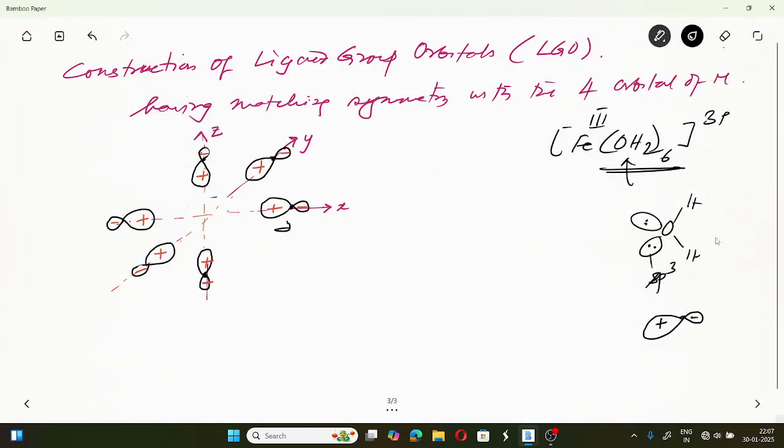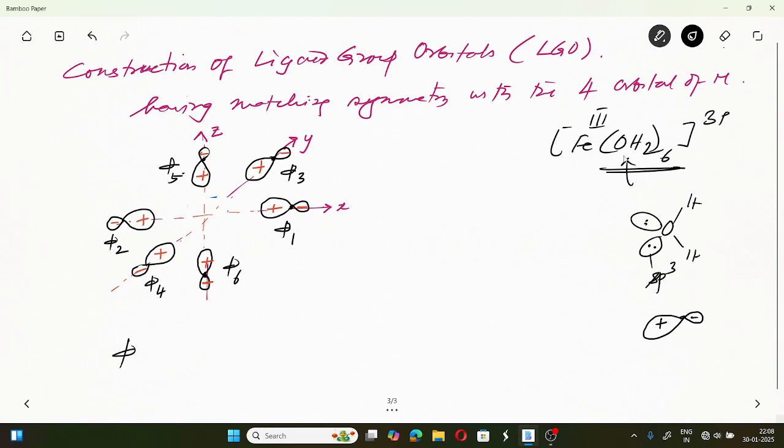So if I name this phi 1, along the x-axis this is phi 2, suppose this is phi 3 along the y-axis, this is phi 4, phi 5 and phi 6. Then we can say these are the wave functions associated with the sp3 hybrid orbitals, and let phi be the wave function associated with this group orbital.